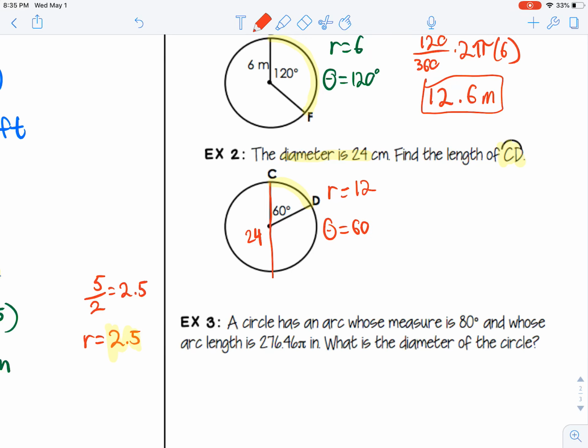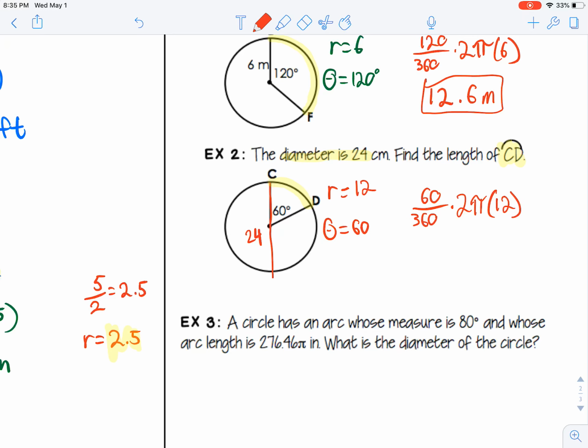So go ahead and plug it in. So we have 60 over 360 times 2 pi times our radius. We said our radius was 12, so I'll type that in there.